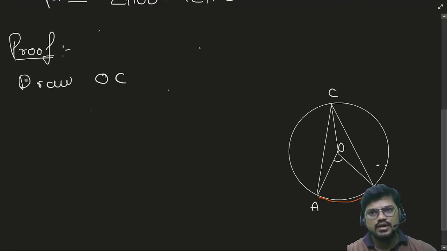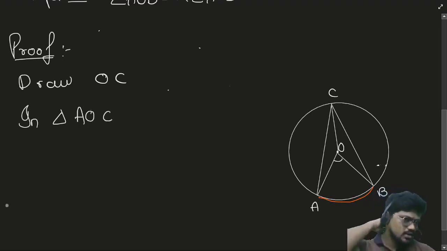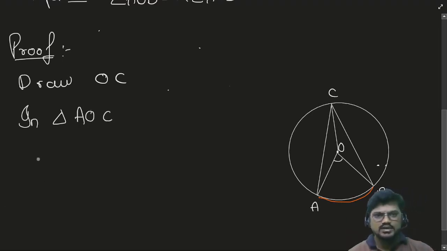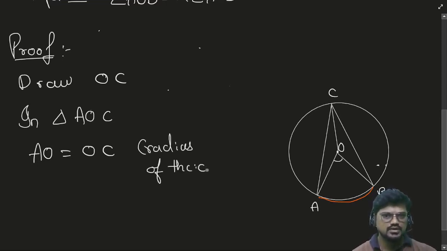See over here, in triangle AOC, what all things do I know? Can I say AO is equal to OC? Yes or no? Why? What is the reason? Both are radius. Radius of the circle.